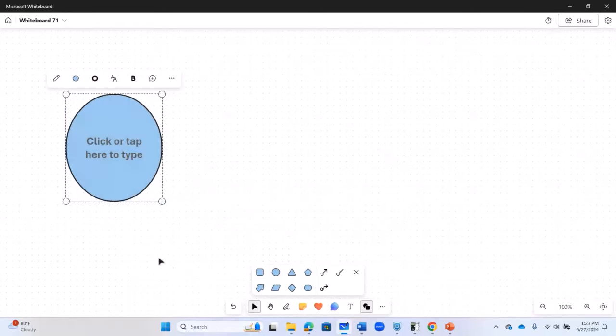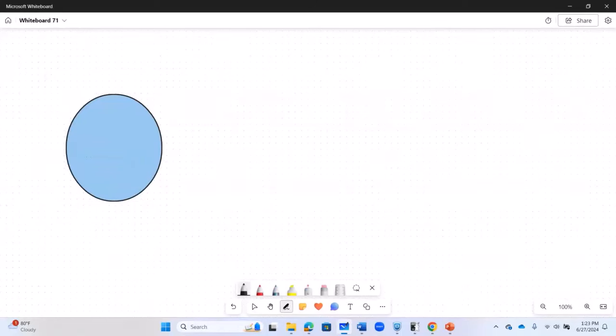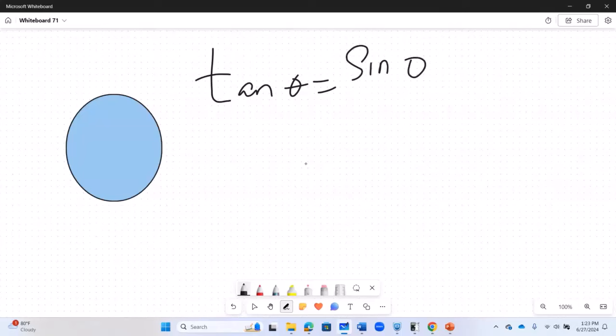Okay, I'm just going to draw a unit circle. And another thing we do know, tangent of theta is equal to sine theta over cosine theta.